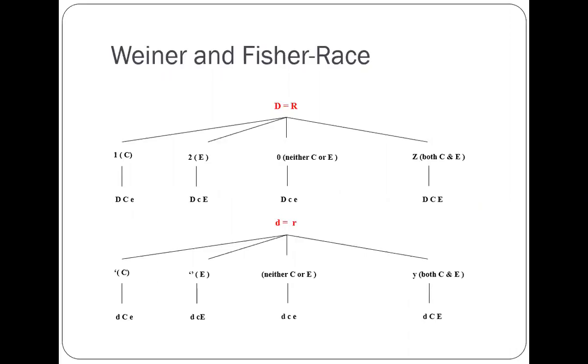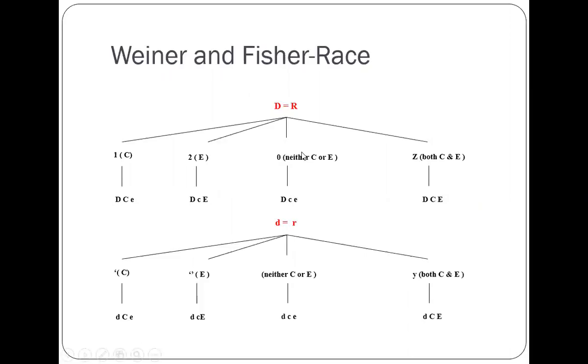Then the number 1, which would be over here on the left side, or the character little prime down here, actually denotes big C being inherited. And then the 2, or the double prime down here, indicates the antigen big E being inherited.